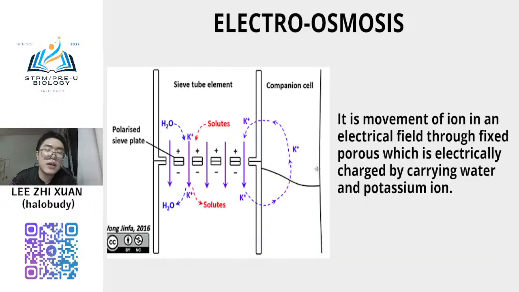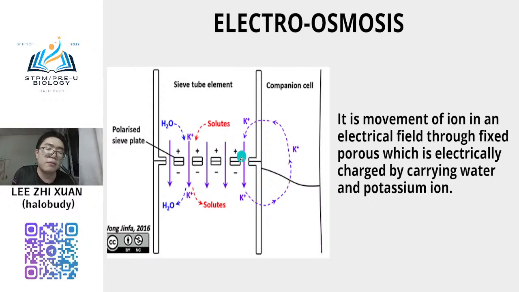So it is like playing with the charge between the sieve plate. When the hydrogen ions are accumulated here, the positively charged ions will cause the potassium ions to diffuse through the sieve plate.